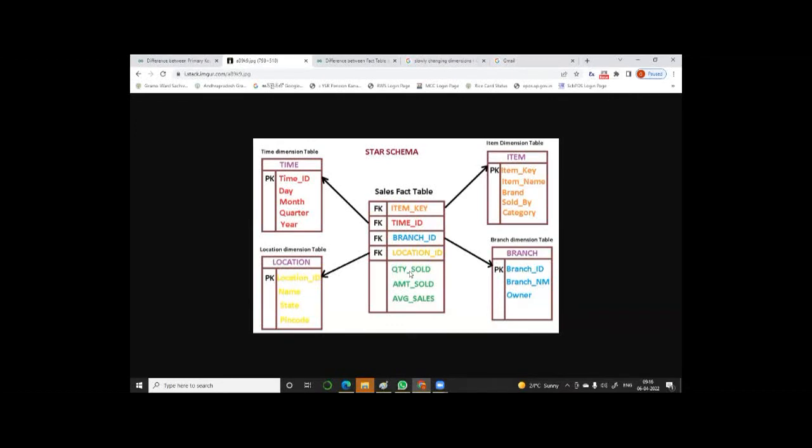By using BI tools, you will get that value. This is like output, out of the closed box. These are the dashboards. Dashboard values are quantity sold, amount sold, average sales. These are reports.